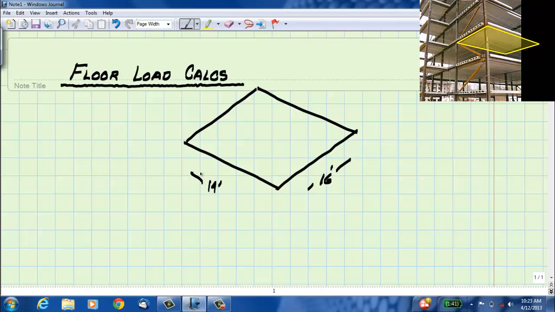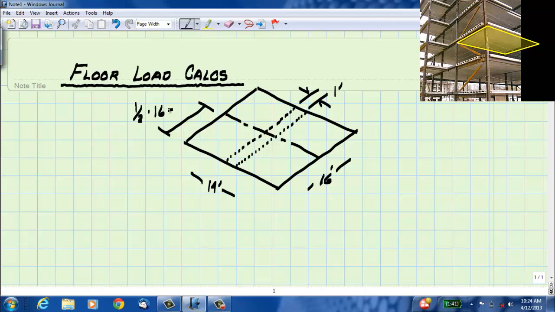This bay is 16 feet long and 14 feet wide. Then we look at a 1 foot wide strip that runs from one supporting beam to the other. Each beam will carry the weight of 1/2 of this strip, so we can draw a dividing line halfway across the span.